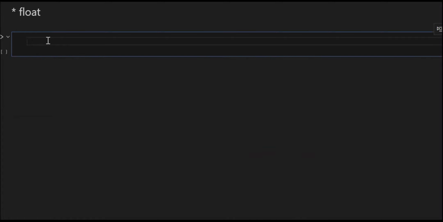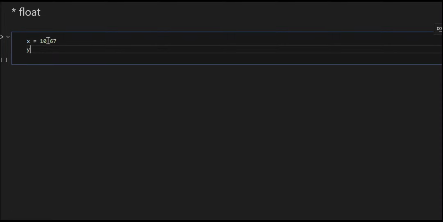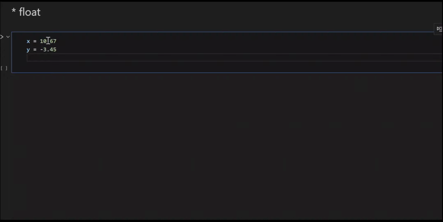Float or floating point number is a number, both positive and negative, containing one or more decimals. For example, x equal to 10.67, y equal to minus 3.45. Okay, next.